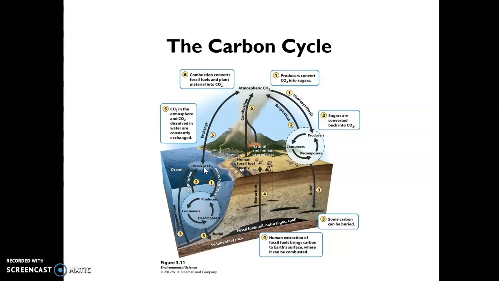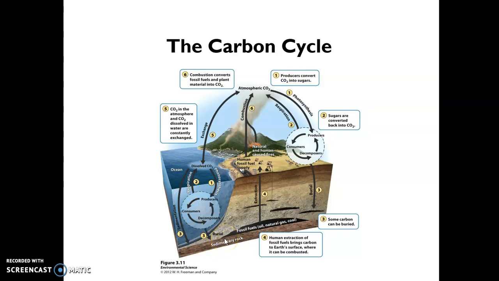And that dissolved CO2 is taken in by photosynthetic organisms in that ocean water, where it again cycles through producers, consumers, and decomposers, all of which respire and release CO2 back into the ocean. And some of it also remains behind and is buried.